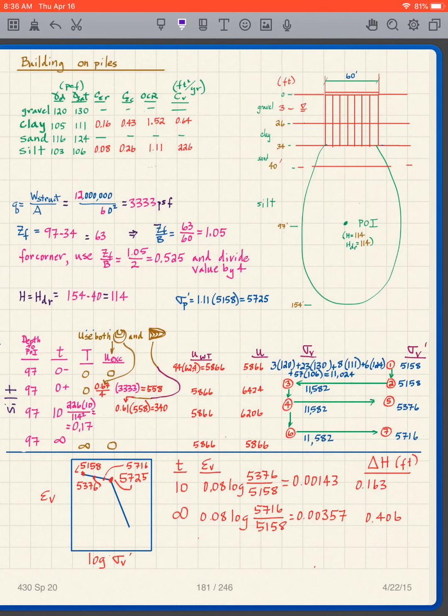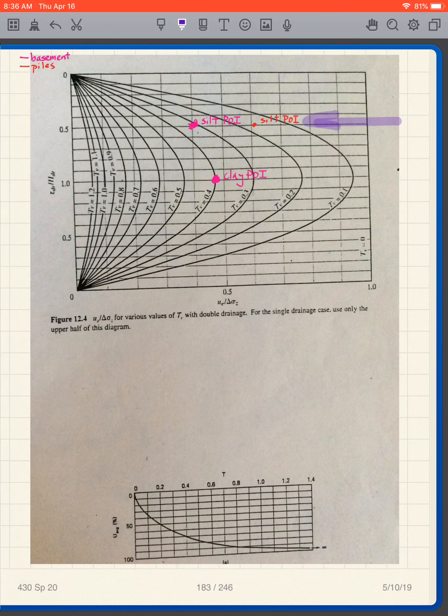If we look, we have our capital T is 0.17, so we're going to go to capital T equals 0.17. So this is capital T equals 0.1, this is capital T equals 0.2, so 0.17 is approximately there, and then we read off the value here, or we could read it down here, it doesn't matter.